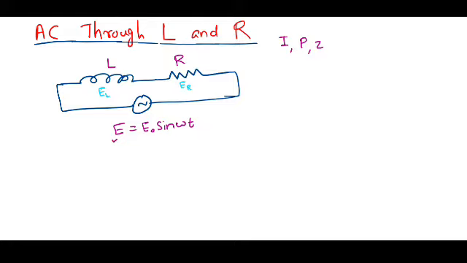Then, to find the value of this current, impedance and the power in the circuit, the simplest method that we have already discussed, here we use the phasor diagram. Using the phasor diagram, we will find out the value of the current, the impedance and also the power in the circuit.